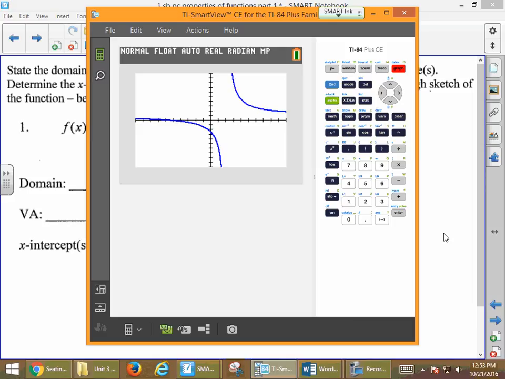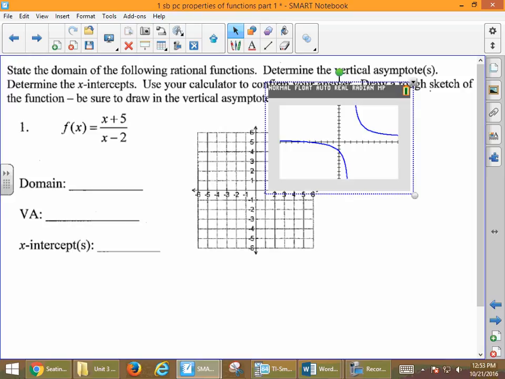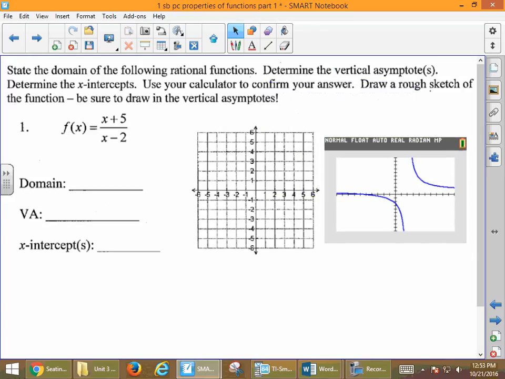There's our rough picture there. And remember yesterday we were looking at the domain of the function, and we said if there's a gap in this picture, then something is probably excluded from our domain. So as I put this picture in here, what it looks like is that we have a gap over here at 2.